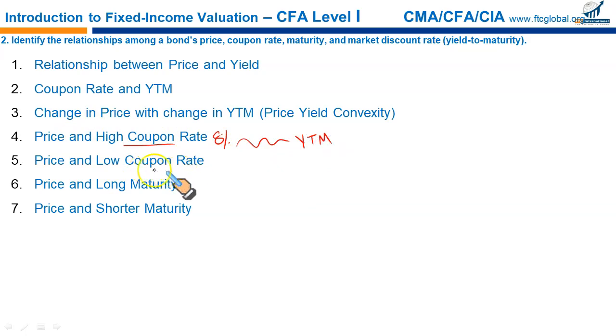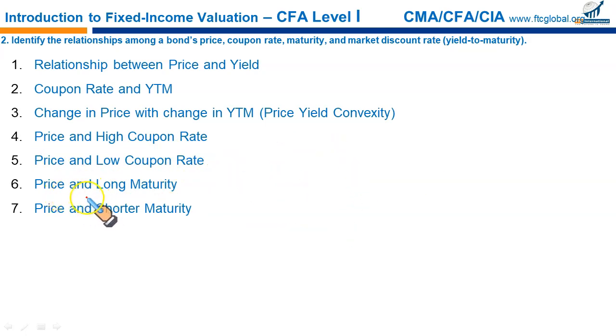Comparatively, a bond with a low coupon rate, let's say 3%, would be more sensitive to changes in YTM. So we can say that the price of the bond with a high coupon rate is less sensitive to changes in YTM compared to the bond that has a low coupon rate. The bond with a low coupon rate will be more sensitive to changes in YTM.